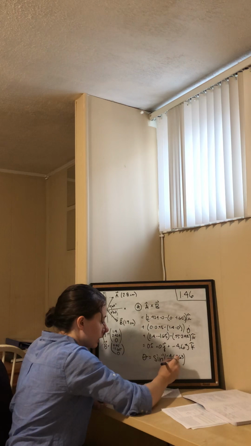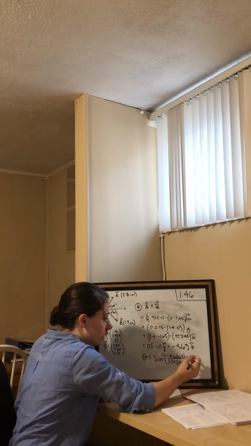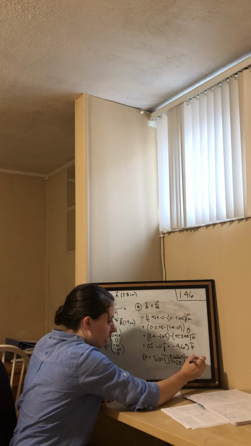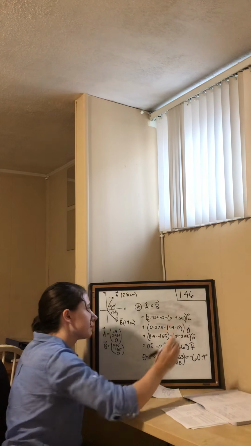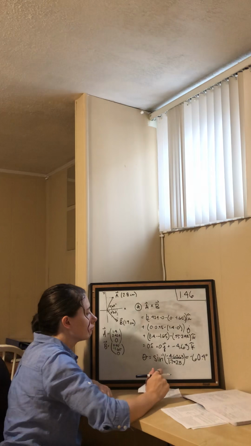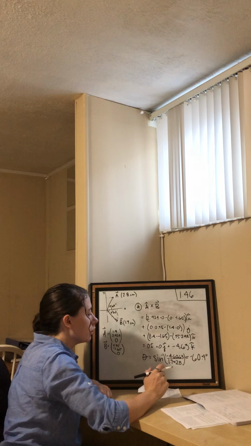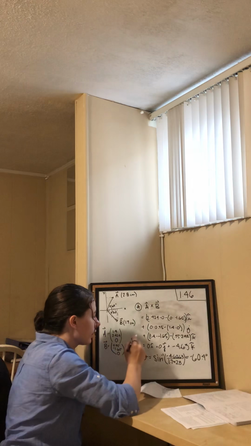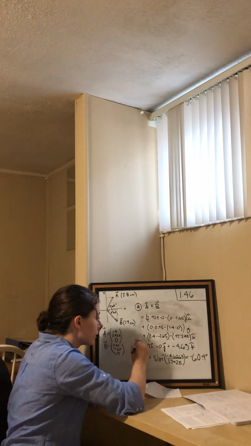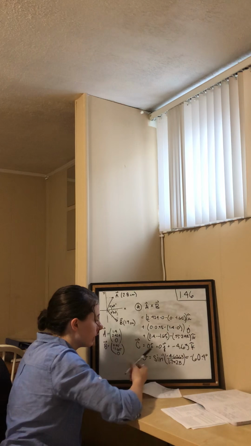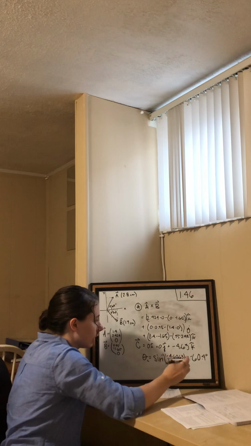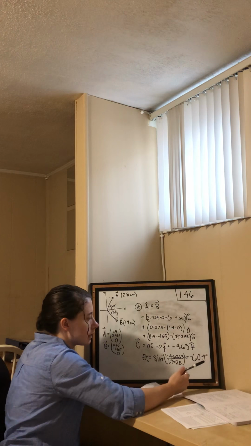So 1.9 times 2.8. And that gives us negative 60.4 degrees. So the cross product, the new vector, which we can call vector C, is negative 4.63 k hat, and the angle for this vector is negative 60.4 degrees.